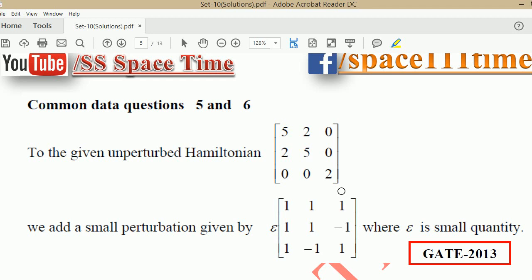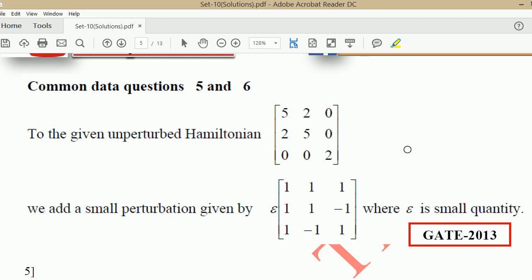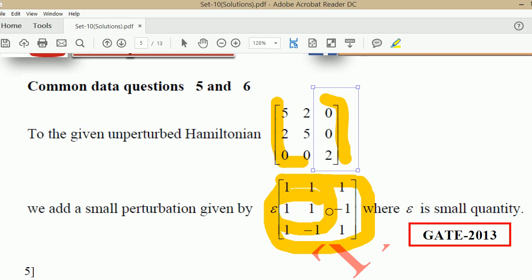Now question number 5 and 6, common data is given. To the given unperturbed Hamiltonian, we add a small perturbation given by epsilon times this matrix, where epsilon is a small quantity.